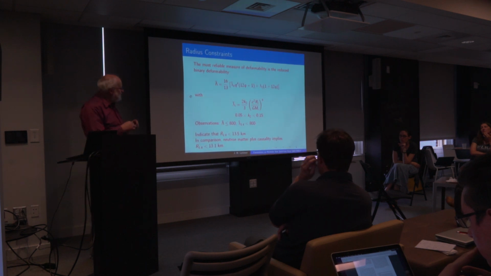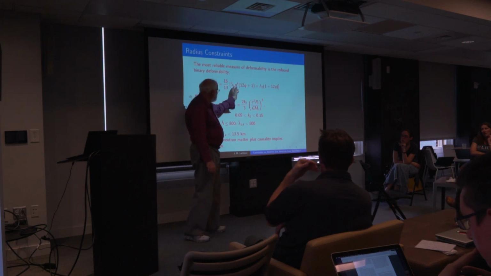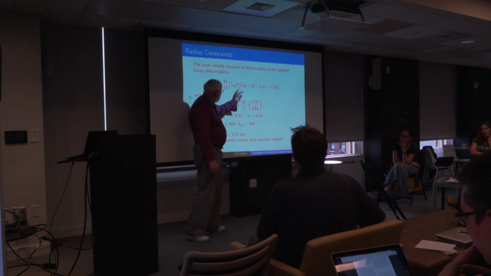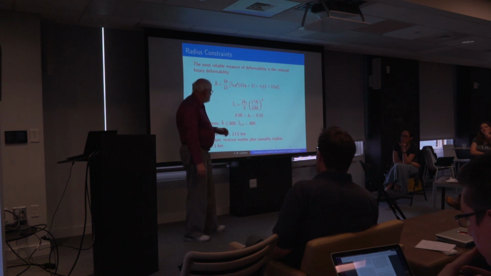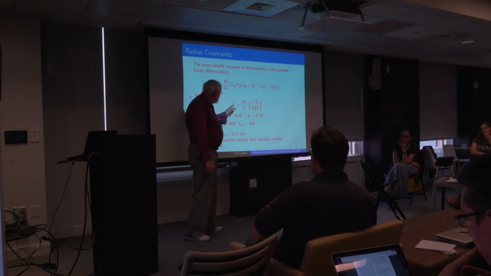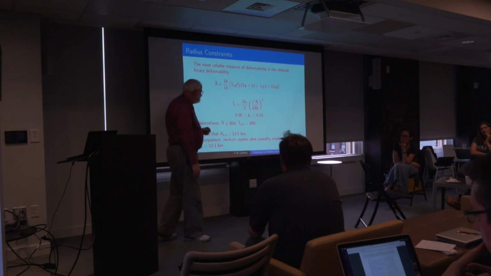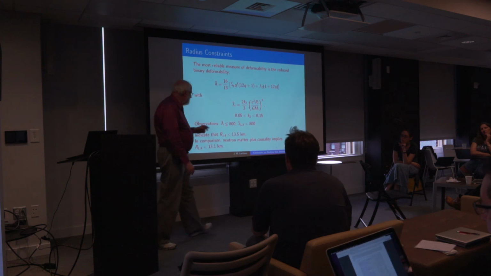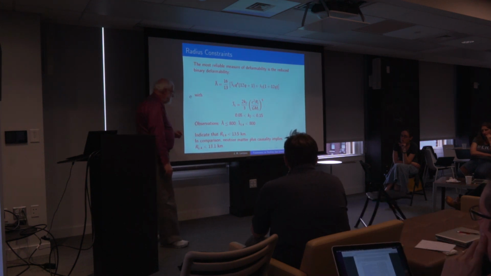Now radius constraints. We're going to rely on the estimates of the binary deformability. The definition of the binary deformability is that it's a mass-weighted average of the individual dimensionless deformabilities, this should have a bar over it, for the two components, where the dimensionless deformability is related to the second Love number, which is also a dimensionless number, which, as was stated, is somewhere between 0.05 and 0.15.